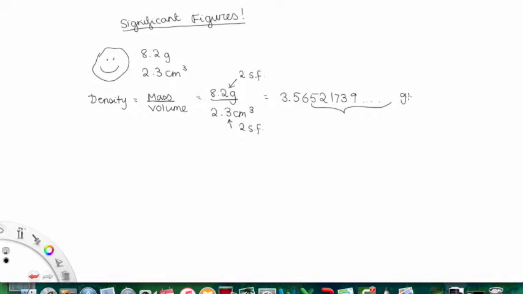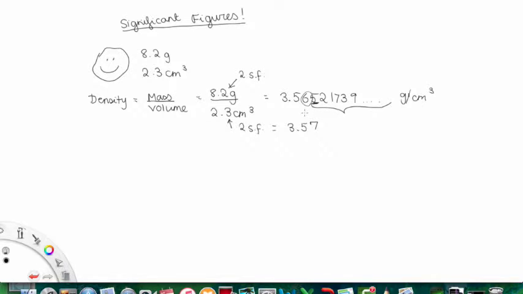So let's put the units first, grams per centimeter cubed. And so basically, you need to round this number in order to use the right number of significant figures. So this actually makes it 3.57 because we rounded up this 6. Because this is 5, but I'll talk about that in a little more detail in a second.